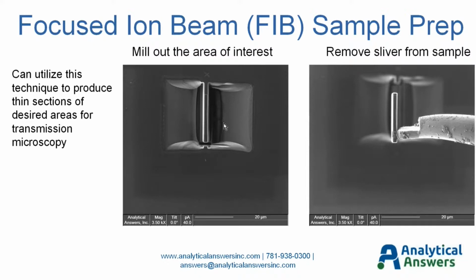And we have a micromanipulator contained within the vacuum of the FIB instrument that we can then bring down into contact with that sliver. We use the same platinum deposition process to weld that sliver to the end of the probe, and then we cut away any remaining material, lift that sliver containing our region of interest completely out of the sample.